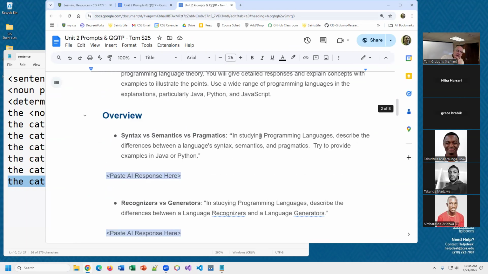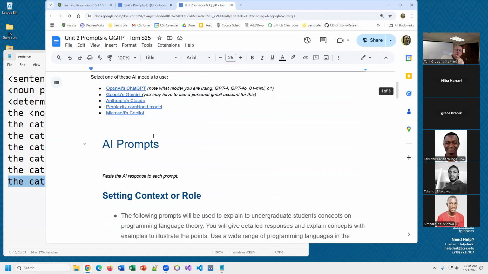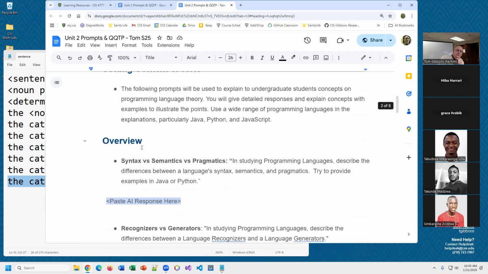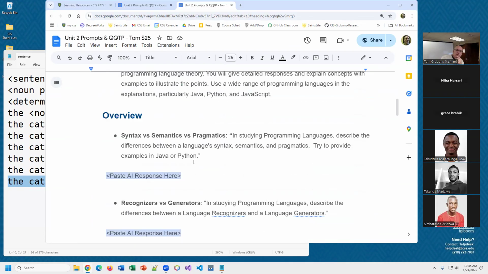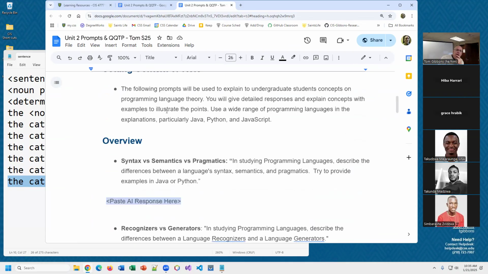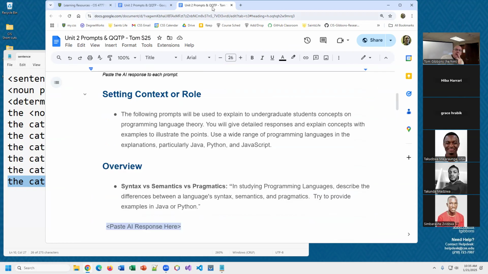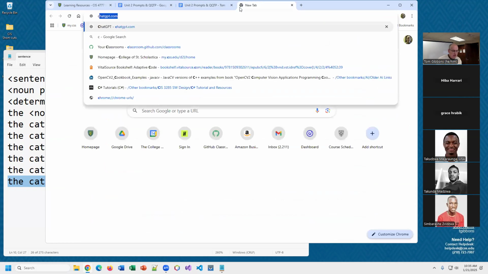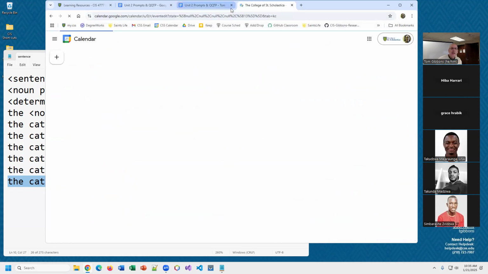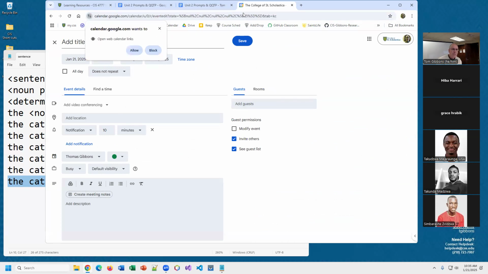I'm going to let you go through here, pick your favorite AI, and start working these prompts through the AI system. I'll just go to chat, not calendar, let's try chat.